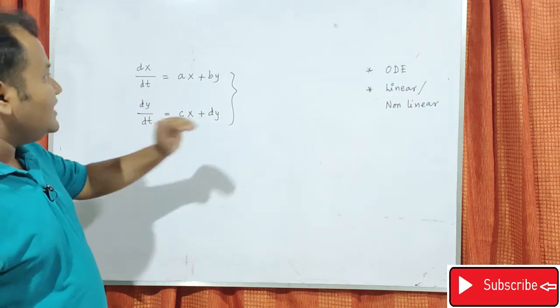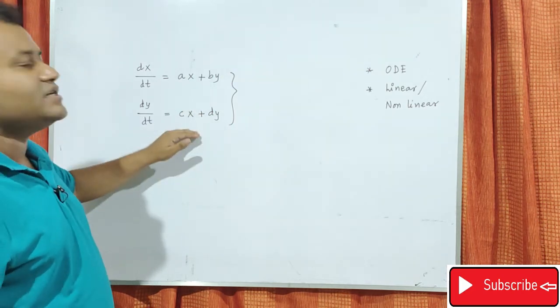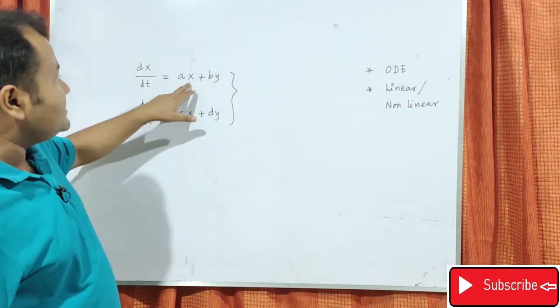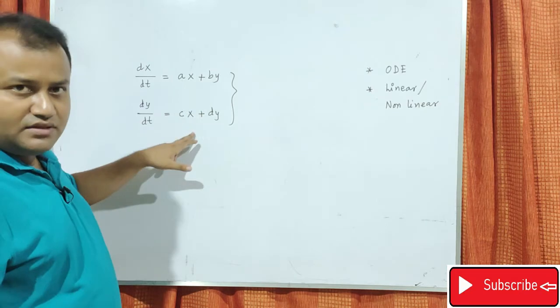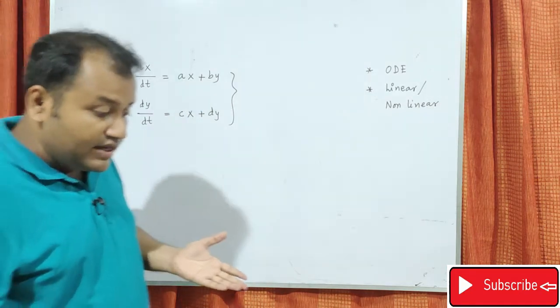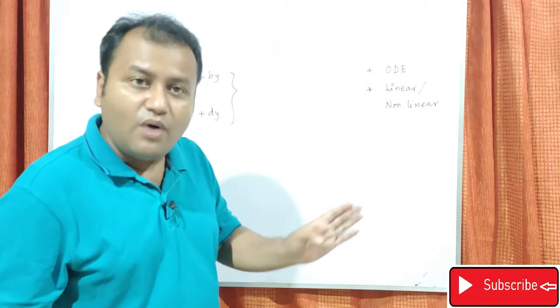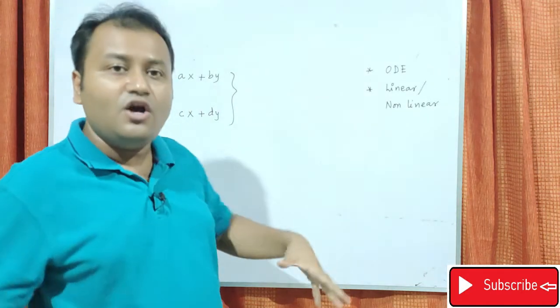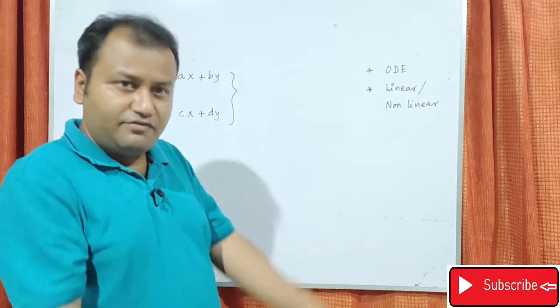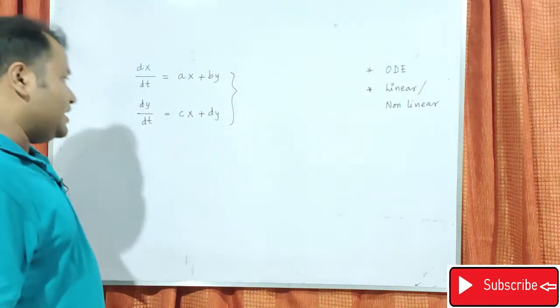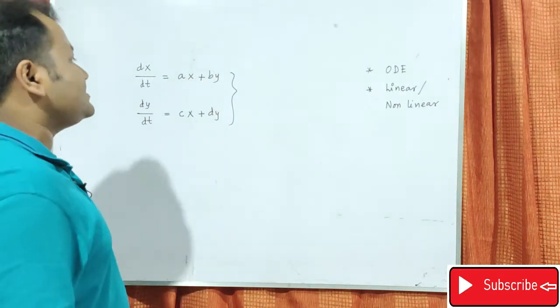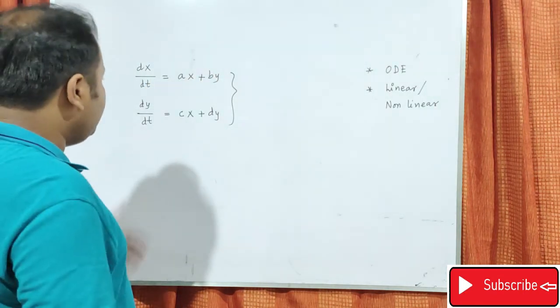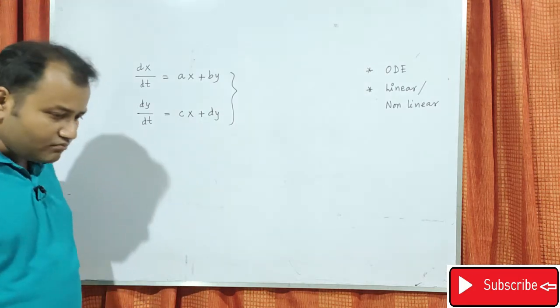Now for linearity or nonlinearity, both equations are linear because the power of x is 1. So what does nonlinear mean? When the power of the variable is not 1, or if there is something in multiplied form, then it is not linear. So this is a linear system of differential equations.